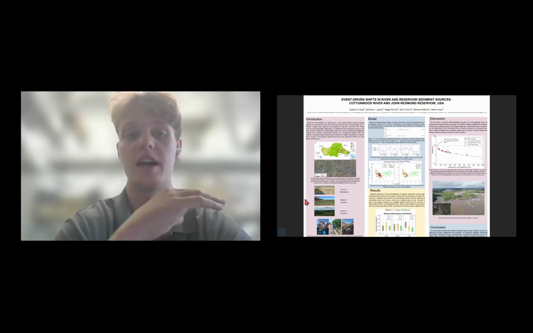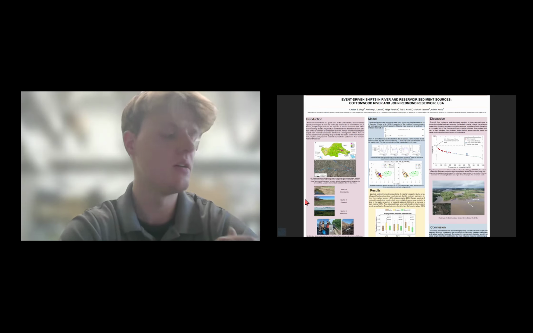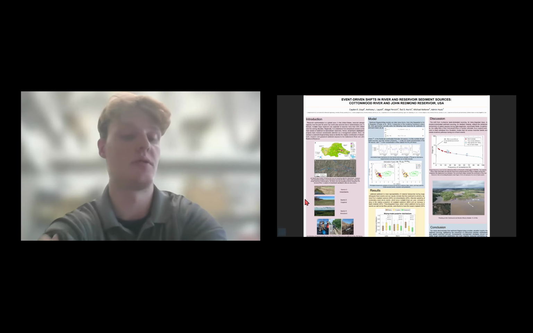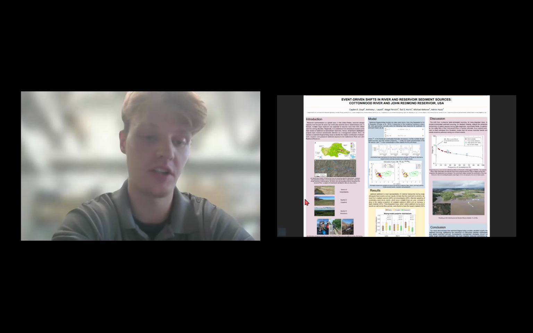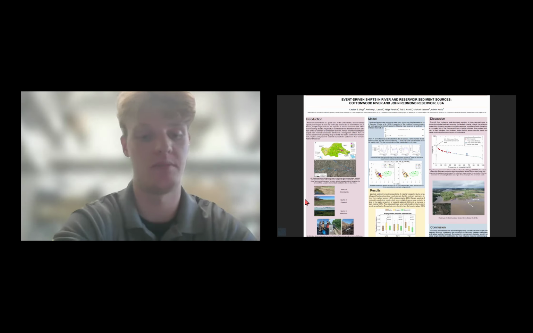So first, we're looking at lake bed samples from John Redmond. We're also doing suspended sediment samples from discrete storm sample collection on the Cottonwood River. And we also have time integrated sediment trap samples on the Cottonwood River as well.